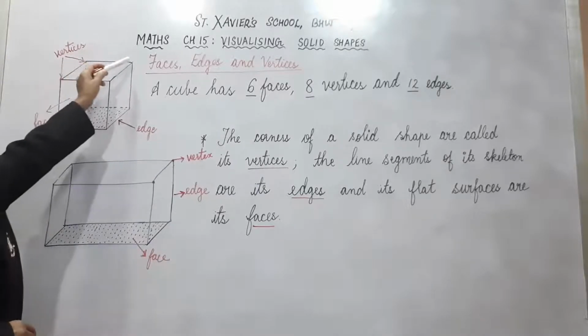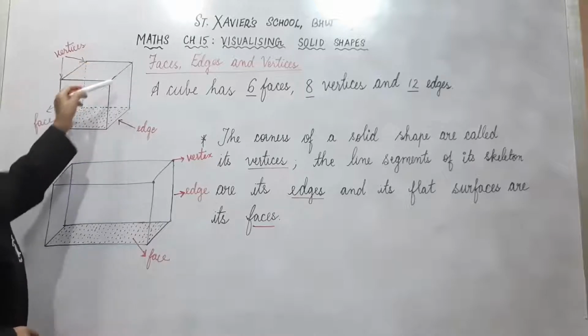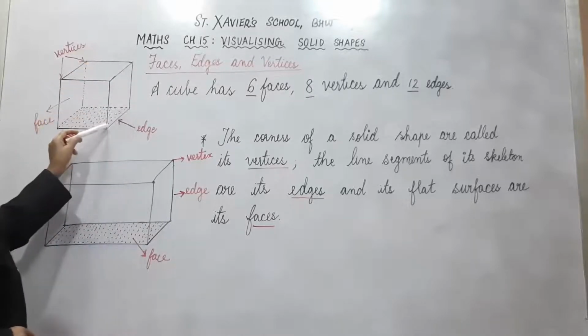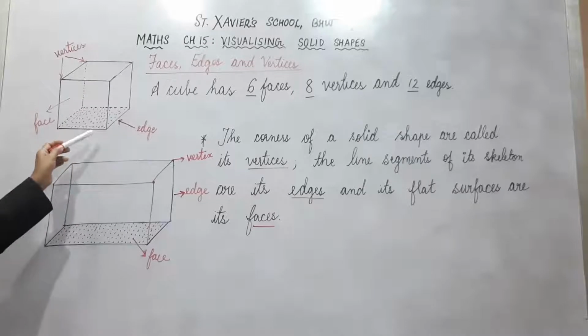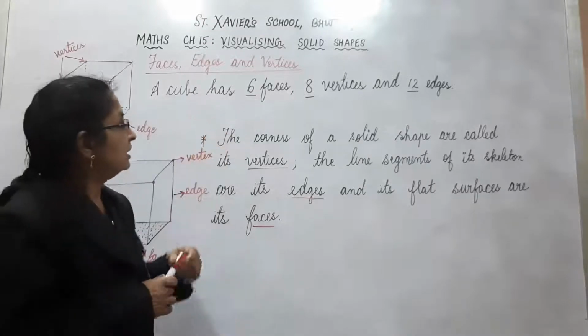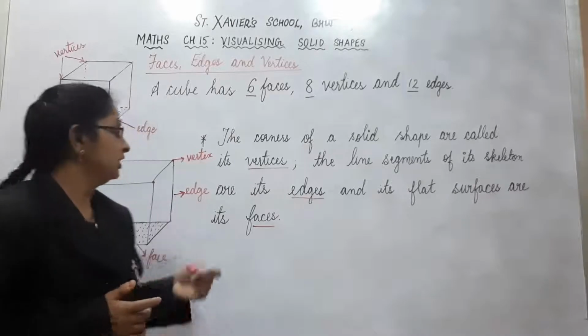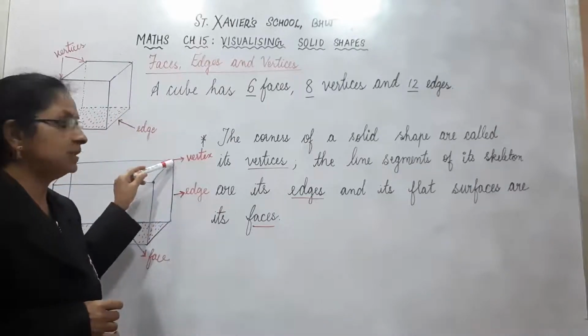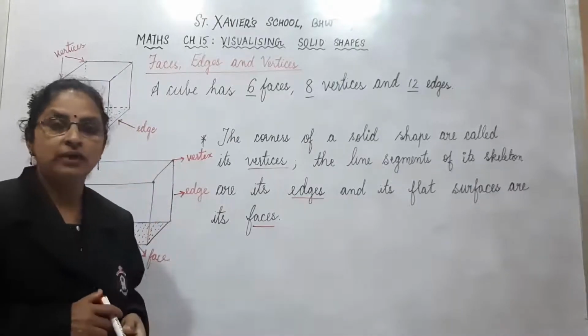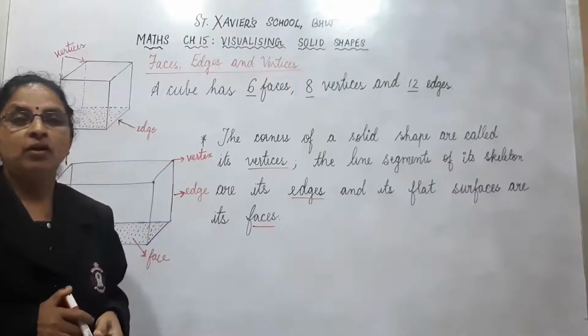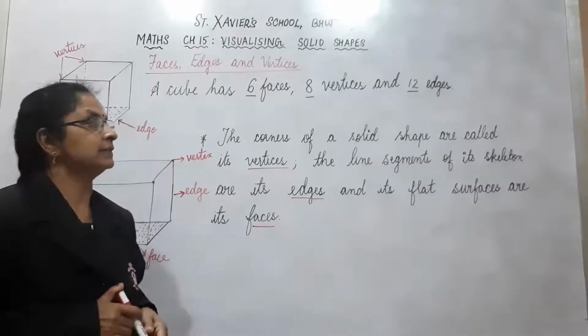Top 4 and bottom 1, 2, 3, 4. 4 plus 4 is 8. 8 vertices it has. Vertices means the plural of vertex. If we talk about only a single corner, we say it as vertex, and the plural of vertex is vertices.